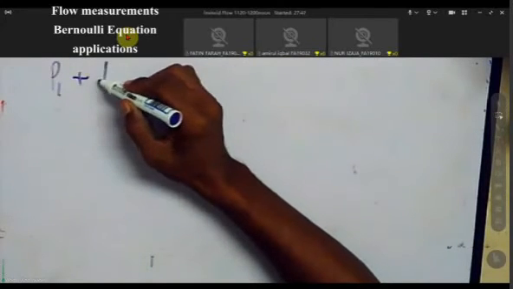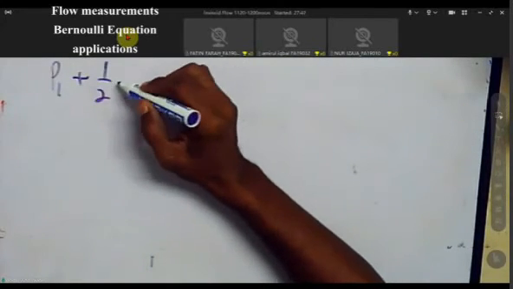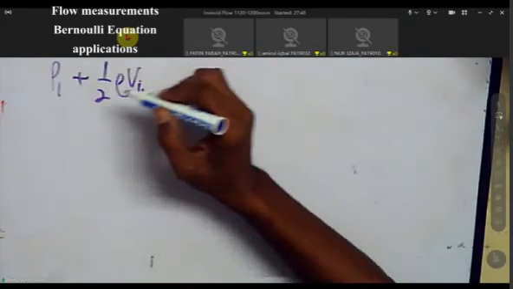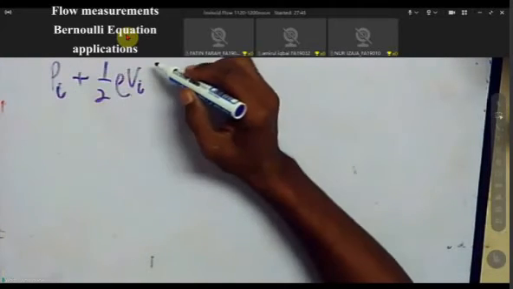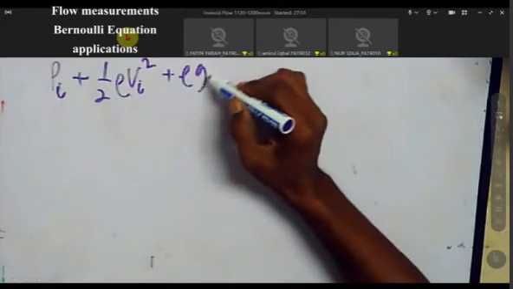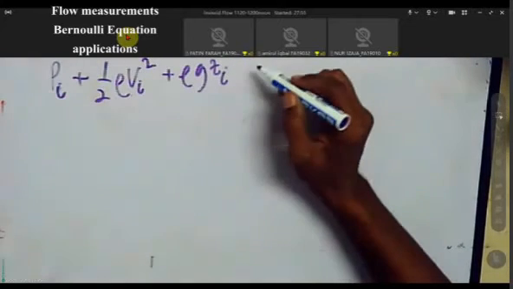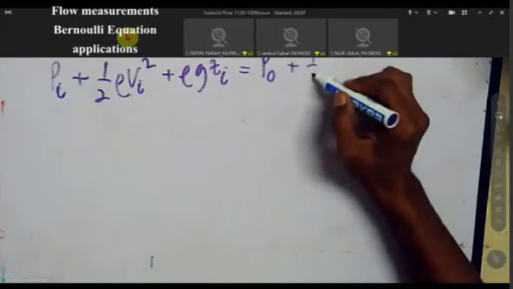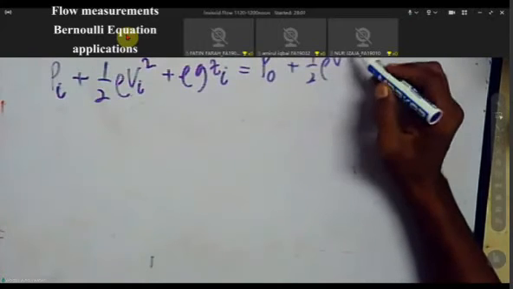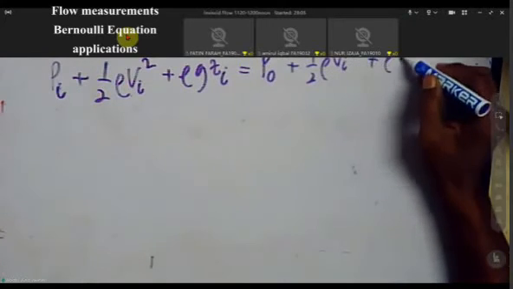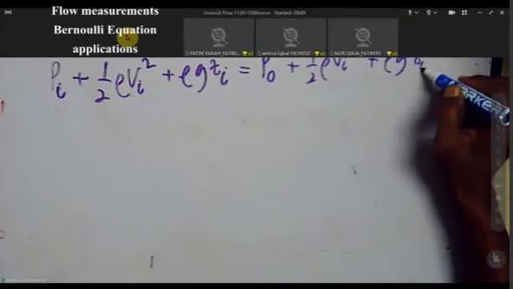Then we have the dynamic pressure at the inlet, and then rho g z inlet, P outlet, half rho V squared plus rho g z outlet.